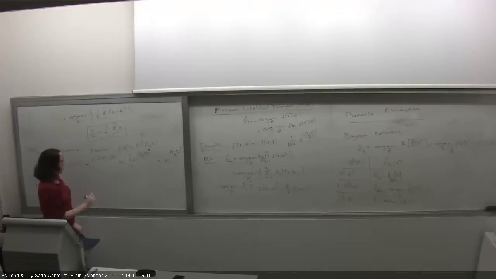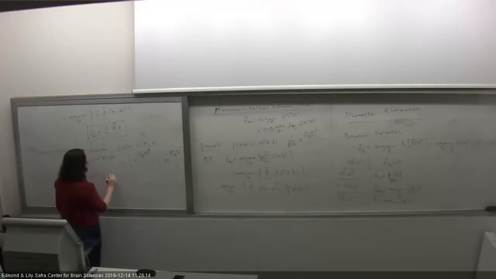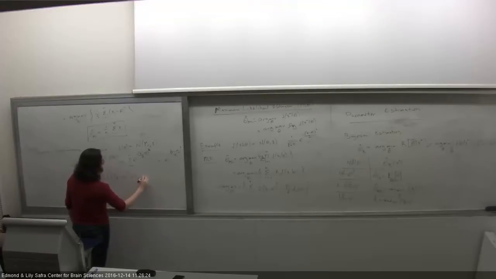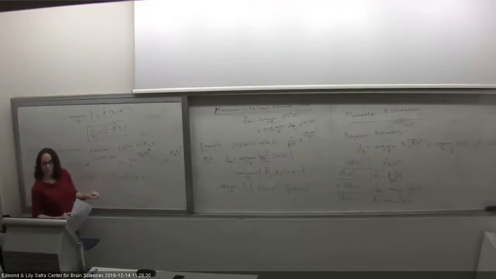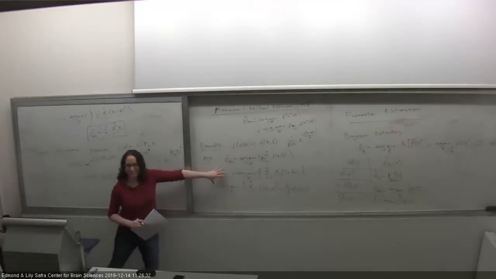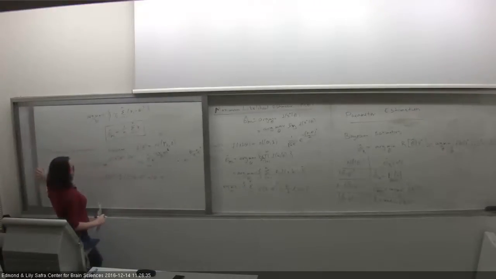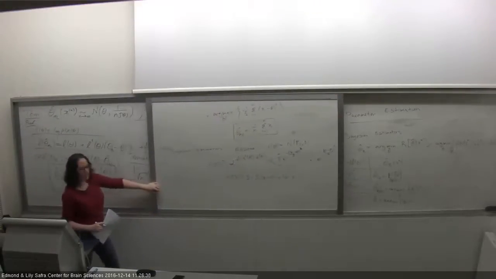This equals the exponent of minus one half times the sum of xi minus theta squared, plus theta minus mu 0 squared. Actually, I didn't do anything here. Did you finish writing this part? Okay.